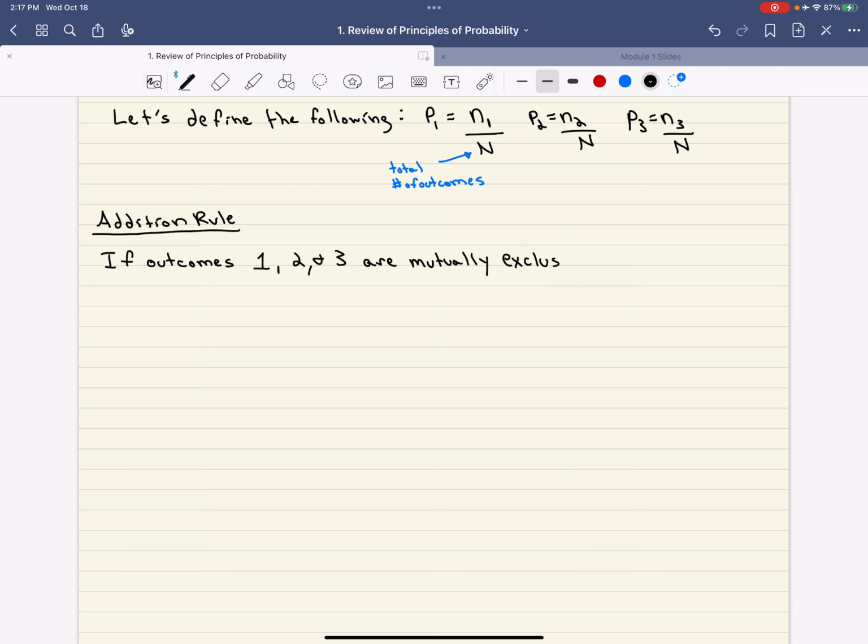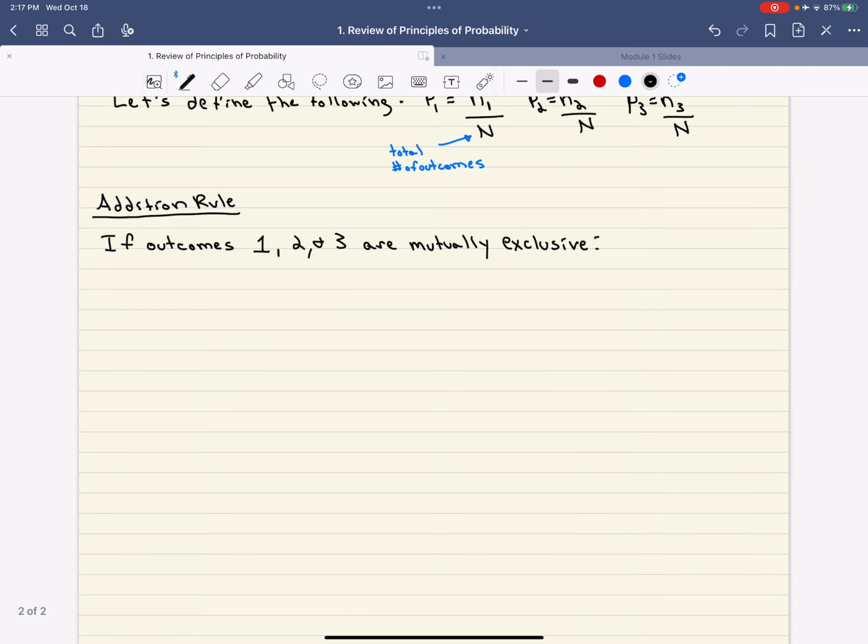All right? And so if these three different outcomes are mutually exclusive, we could say that the probability that either outcome 1 or outcome 2 or outcome 3 occur would just be equal to the sum of the probabilities of outcomes 1, 2, and 3. And so if we add those probabilities together, we would get the following equation.